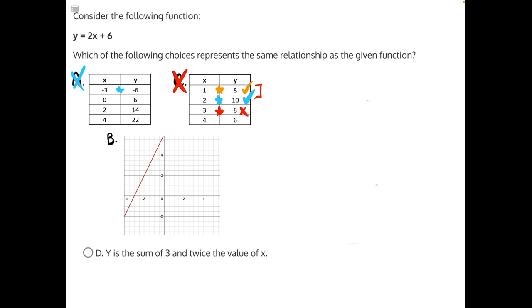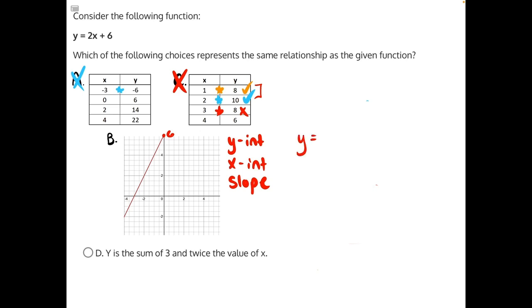For answer choice B, since it is a graph, there are a couple things we could check to make sure it is accurate. We could check our y-intercept, we could check our x-intercept, and we can check our slope. Let's start with our y-intercept. Unfortunately, our y-intercept seems to be off screen. It looks like it might intersect right where it goes off screen, right at y is equal to 6, which would match our equation.